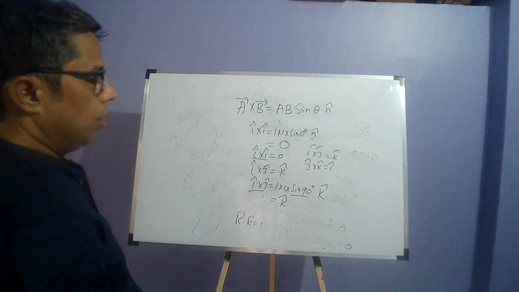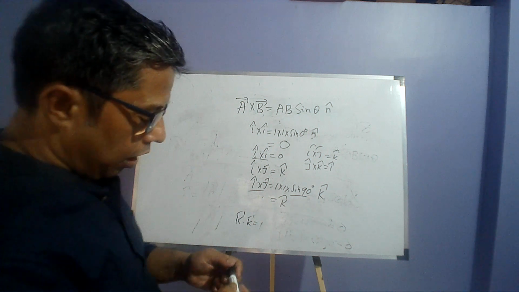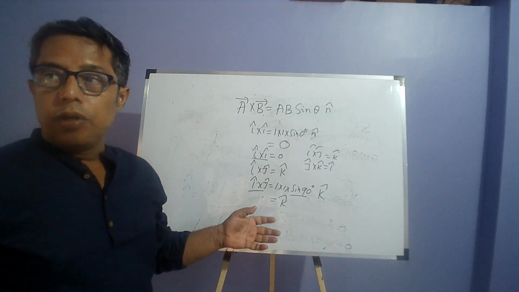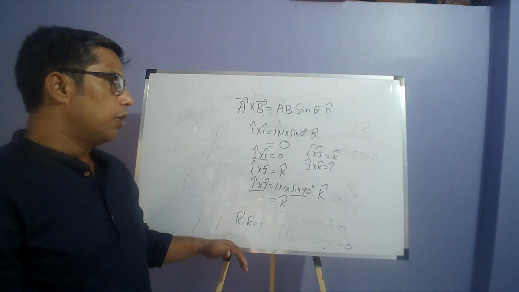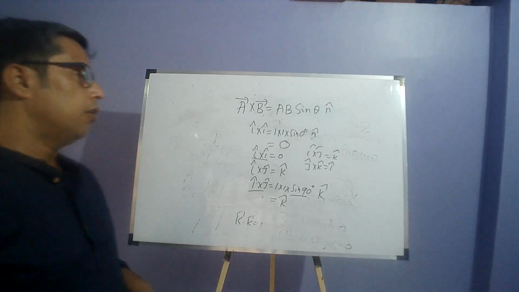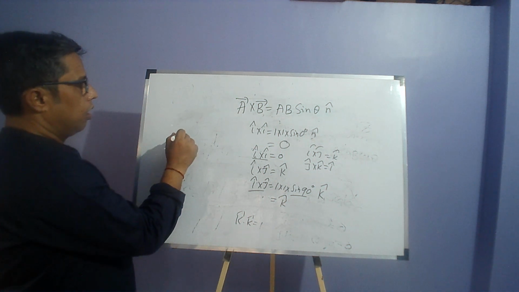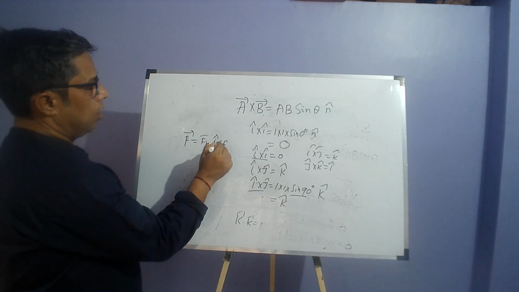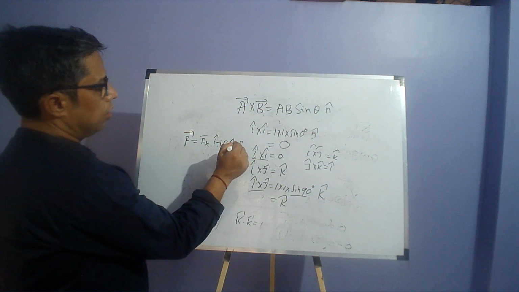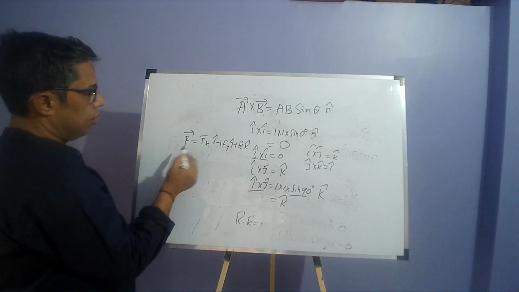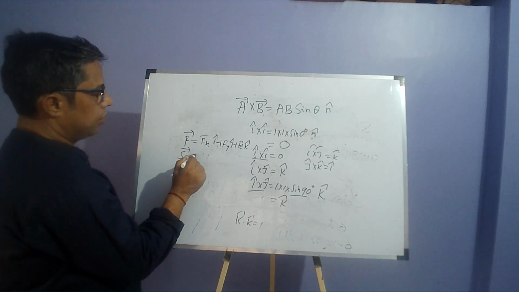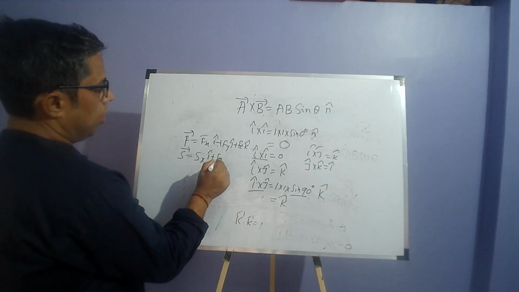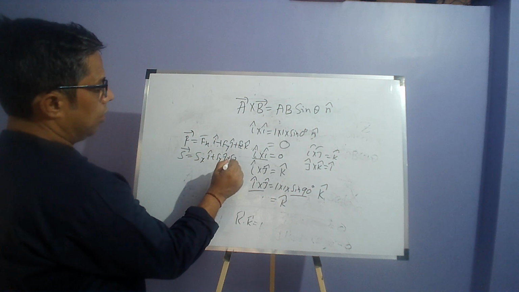Fine. Okay. So next class I will show you the vector product, where we'll take real vectors and do the dot and cross products. Let's say I'll give you a force vector, fx i plus fy j plus fz k, and a displacement vector s, sx i plus sy j plus sz k.